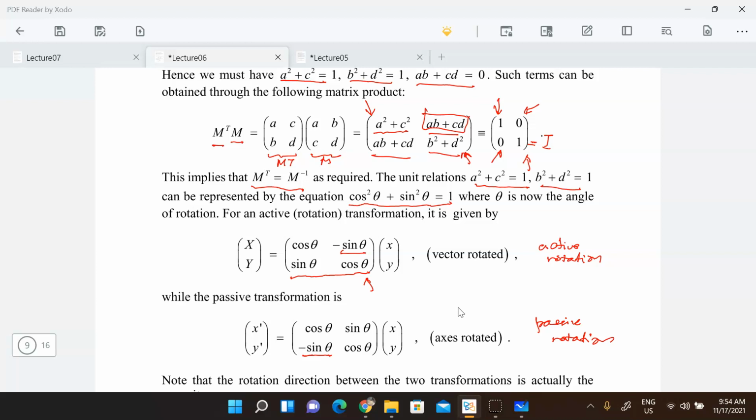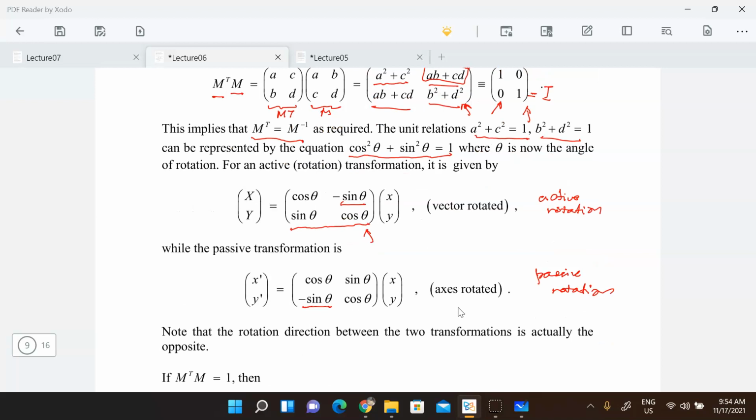Because one is rotating in the opposite direction, and the odd function here is given by sine. You have already done the trigonometric function power series. This is an odd function, meaning what? Sine minus theta equals minus sine theta, and cos theta is an even function, so cos minus theta is cos theta.